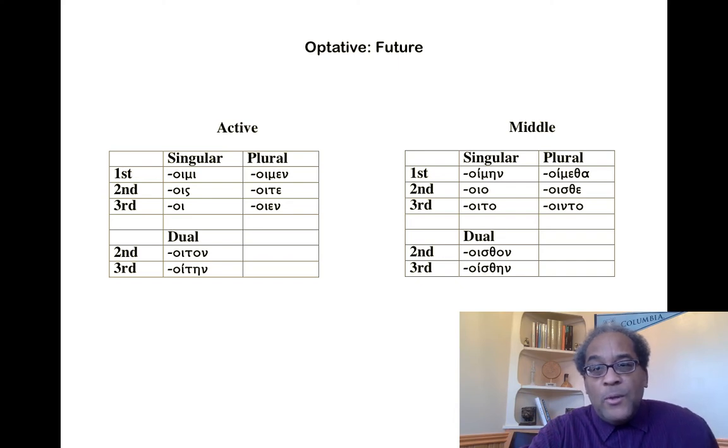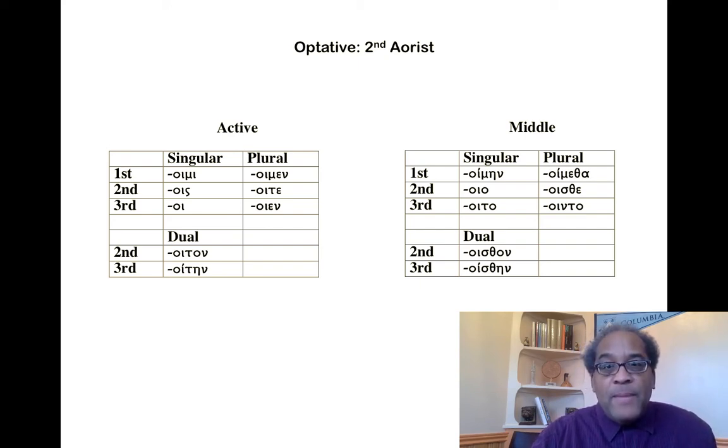Lusoimen, lusoio, lusoito, lusoimetha, lusoisthe, lusointo. Likewise, with the second aorist, you take any second aorist you want. Let's use lip from leipo, and likewise, because you have the thematic vowel, you're going to have the same endings: lipoimi, lipois, lipoi, lipoimen, lipoite, lipoien. You get the idea.